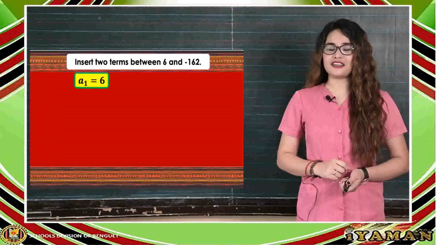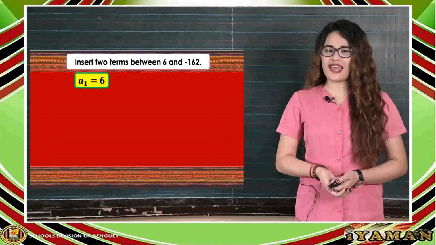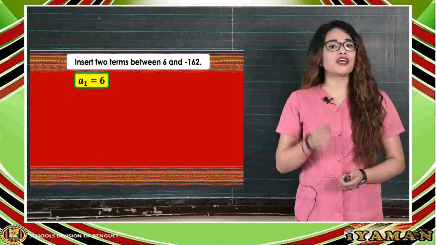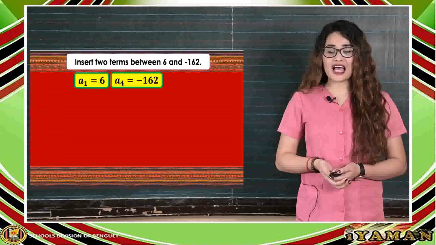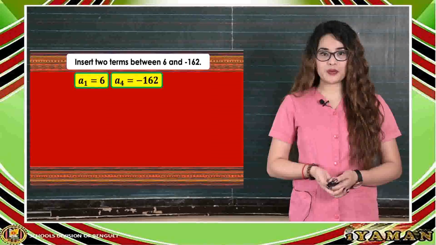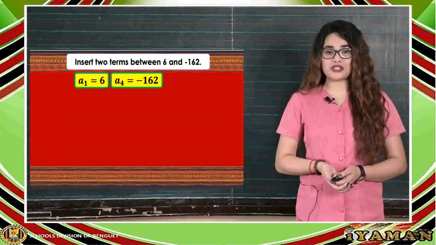You're right. The first term is equal to 6. How about the last term? Correct. The last term is equal to negative 162. And the number of the terms is equal to 4.